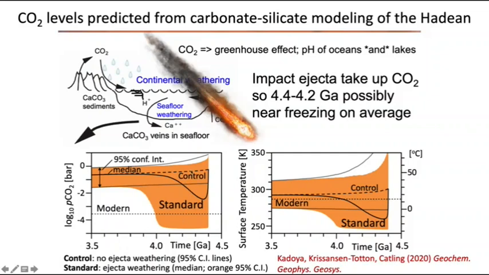However, the orange area shows the large uncertainty in the results, represented by uncertainty in the model parameters. So although it's likely that the Hadean was cold, we don't know for sure. There are certain parameter sets that result in a warmer early Hadean.